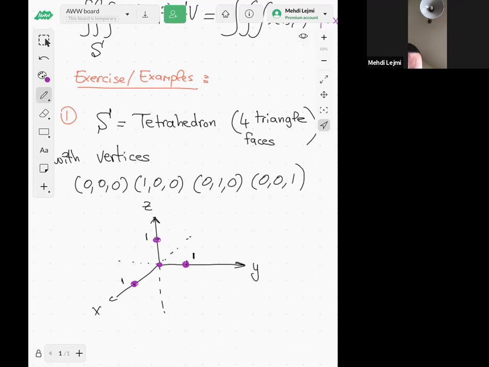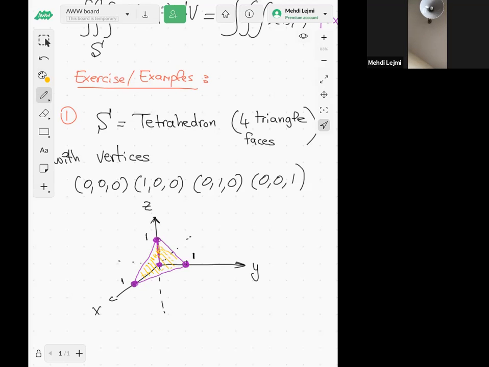So I'm going to just connect the vertices. All right, so you can see, guys, we have four triangle faces. The tetrahedron would be this solid S here, the inside of this region, right?